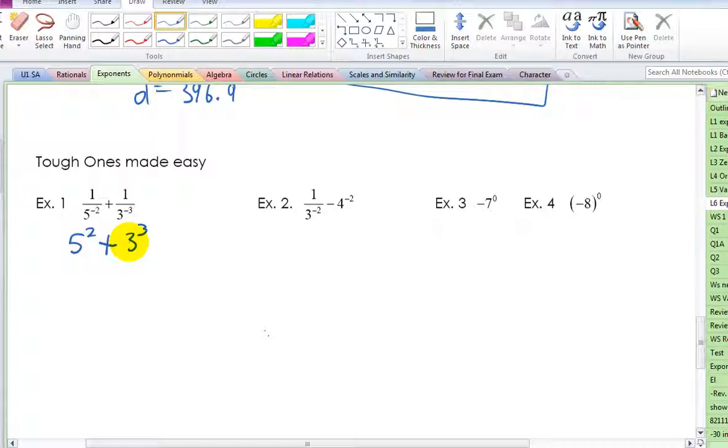Now we can't do an exponent rule because we have different bases and addition. So there's 2 things stopping us. So what should we do now? Yep, sir? Solve it. Yeah, exactly. What's the value of 5 squared? 25. Good, write it down. And then add them together, please.